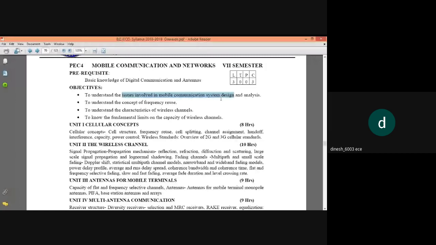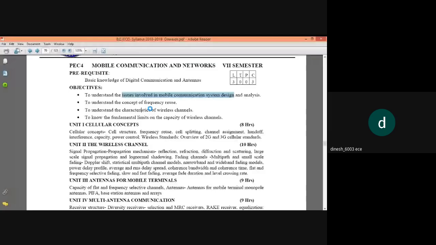Then the different characteristics of the wireless channel. As I said, the channels are the connecting points between the transmitter and receiver, or the source point and the destination point.